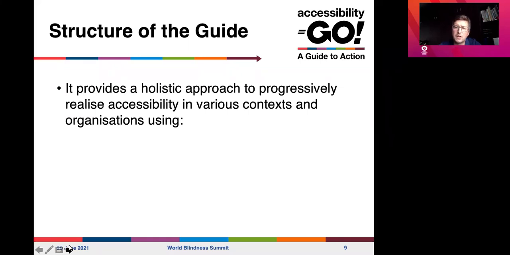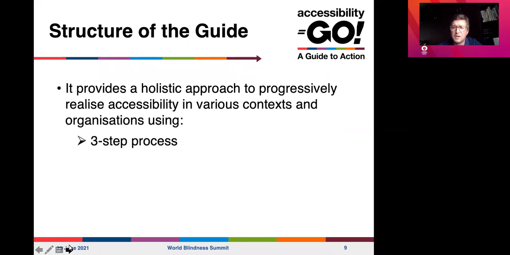So, building on what you were just saying, Kathy, it's true that the guide is looking at a holistic approach, and it's basically how to progressively realize accessibility in various contexts, as you clearly described. It necessarily requires an adaptation of the guidance to a local context, to a particular organization, but it was designed to be used by all organizations in any type of context.